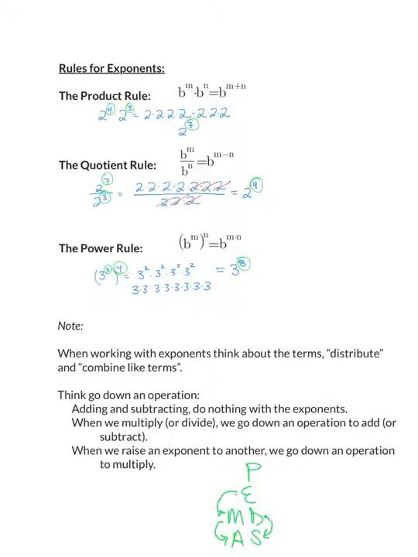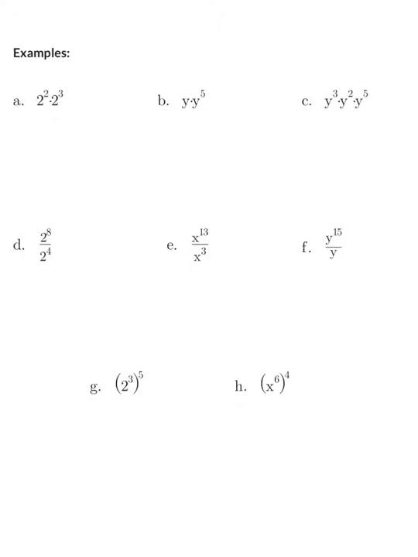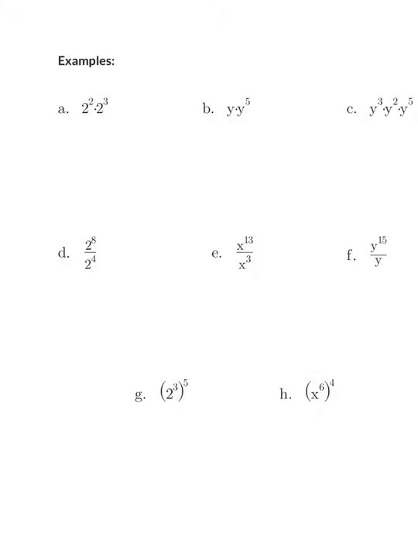So now let's go ahead and look at some examples of this. For example A, we have 2 squared times 2 cubed. And so we can add our exponents. Remember, multiply, we want to back up an operation to addition. And we end up with 2 to the 5th. For example B, we have y times y to the 5th.